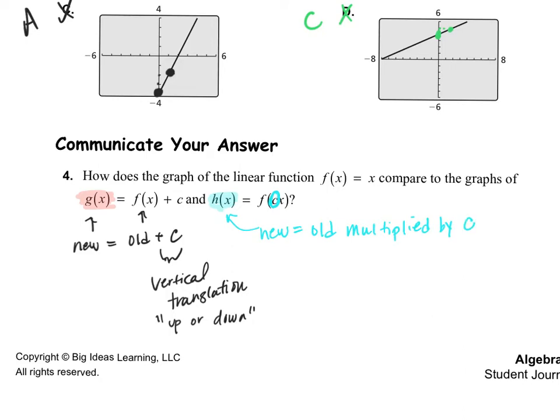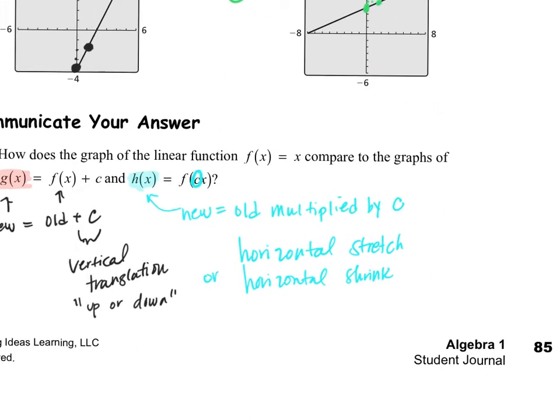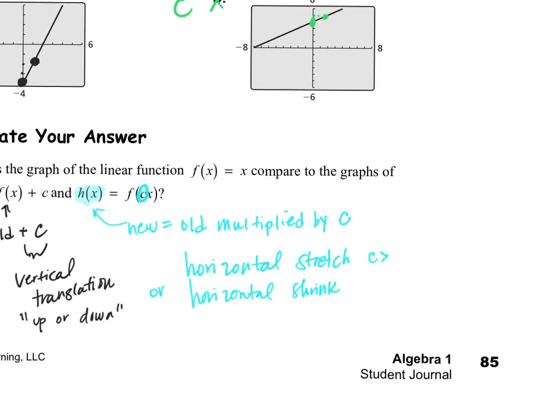This means you're going to have a horizontal stretch or horizontal shrink. And how do we know the difference? Well, if your c is greater than 1, you're going to have a shrink.